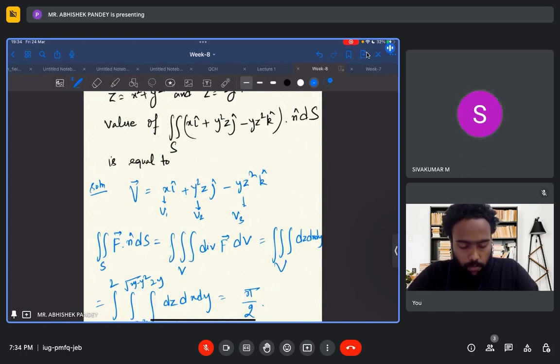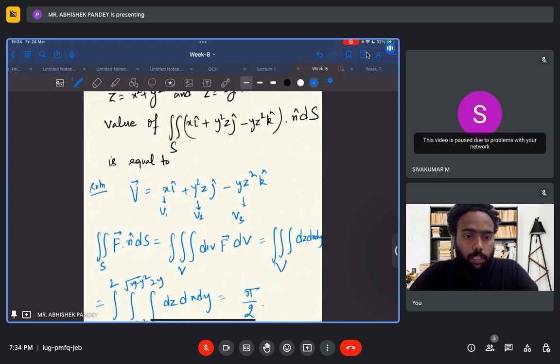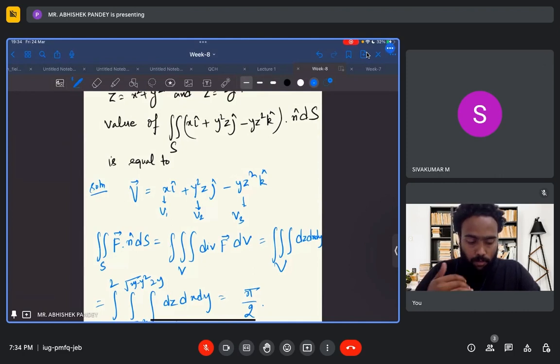We convert once we see some term like x square plus y square, so that the integral directly becomes r square. That is the only trick. We have to observe whether the Cartesian integral will be easy to calculate or converting it to polar will be easy to calculate.